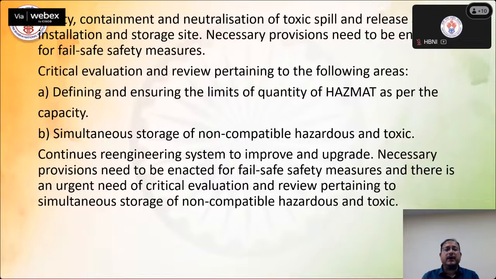Necessary provisions need to be instituted towards fail-safe safety measures, and there is an urgent need for critical evaluation and review pertaining to simultaneous storage of non-compatible and hazardous chemicals. Till now, people in developing countries are not focusing on these parts, which is much required in chemical mitigation strategies.